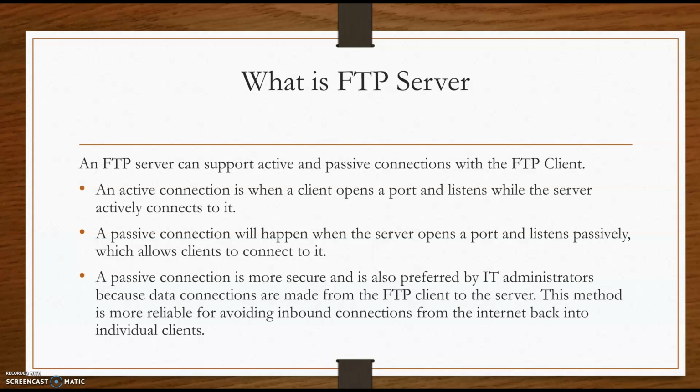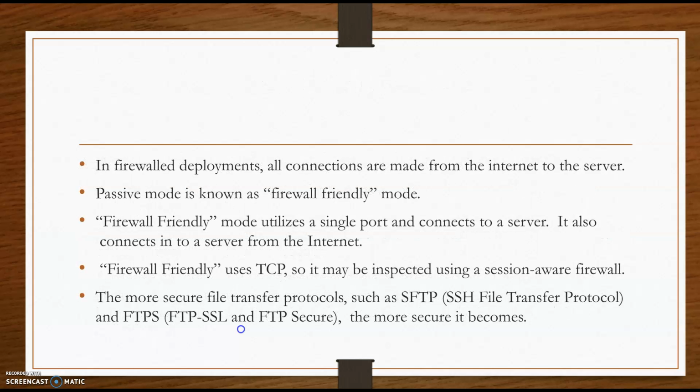This method is more reliable for avoiding inbound connections from the Internet back into individual clients. In firewall deployments, all connections are made from the Internet to the server. Passive mode is known as a firewall-friendly mode, which utilizes a single port and connects into a server from the Internet.